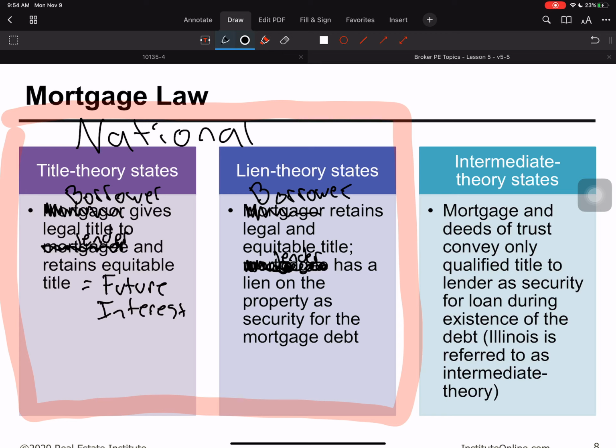In an intermediate theory state, which is what Illinois is, we are considered a hybrid.